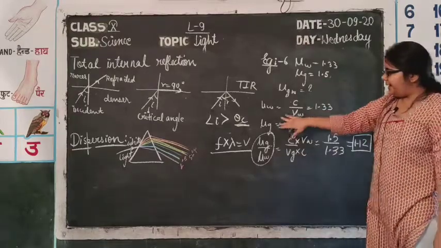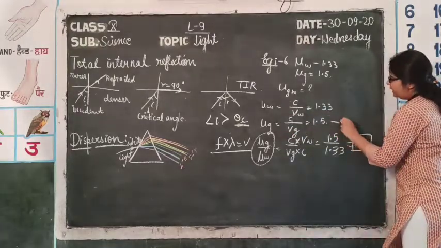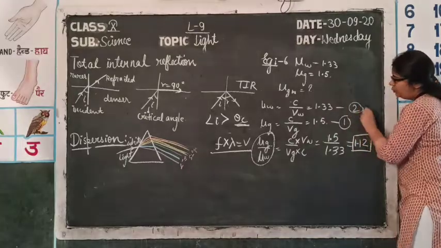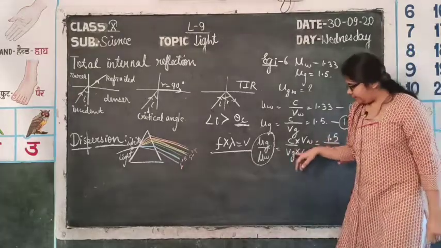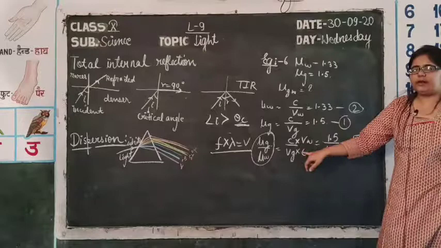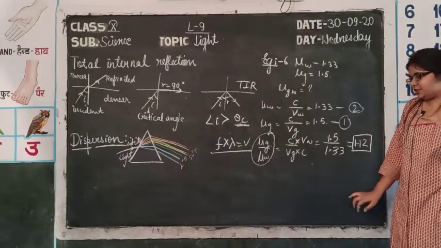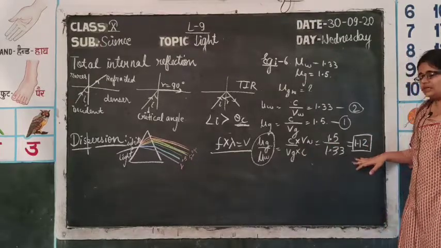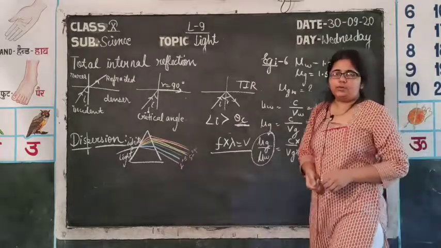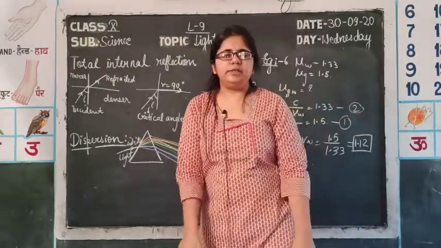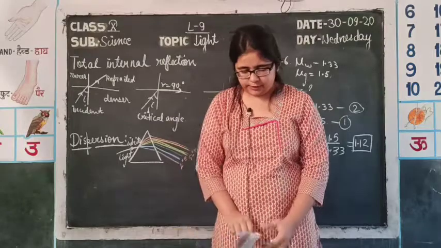By dividing equation 1 and 2, the speed of light in vacuum gets cancelled, and the final value comes to 1.12. So, the refractive index of glass with respect to water is 1.12.